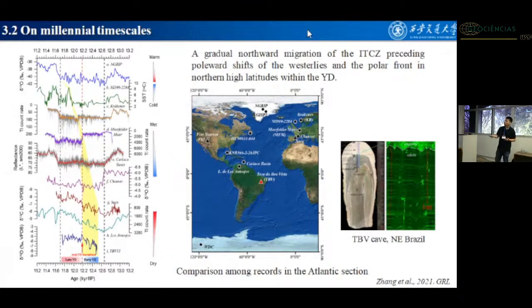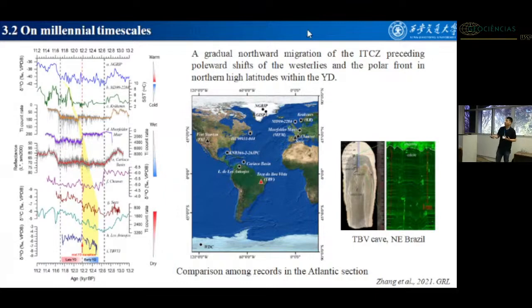This is the oxygen isotope record. You can see the first part of the Younger Dryas is wet and the second part is dry. And the first part also shows a drying trend from the beginning of the Younger Dryas to the middle. We also compare other records during the Younger Dryas period in the Atlantic section.